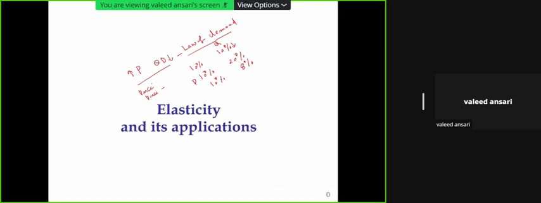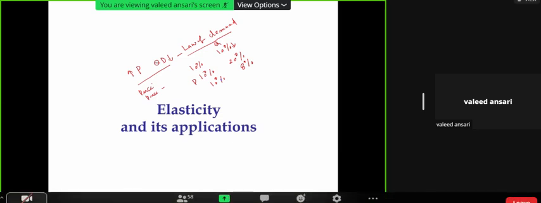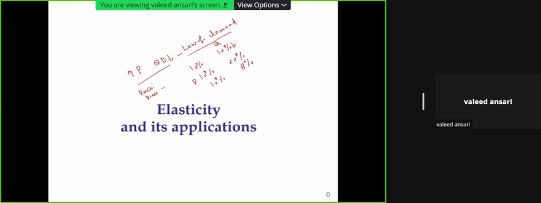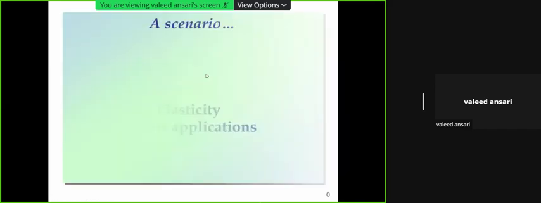In the last part of my lecture, I will talk about the relationship between price and quantity demanded and how it may differ on a linear demand curve. And if time permits, I will also explore today the relationship between price and quantity, the revenue aspect. And in the next lecture, I plan to take up the other aspects of elasticity, like income elasticity and cross elasticity. So let's get going and try to understand what we mean by elasticity.